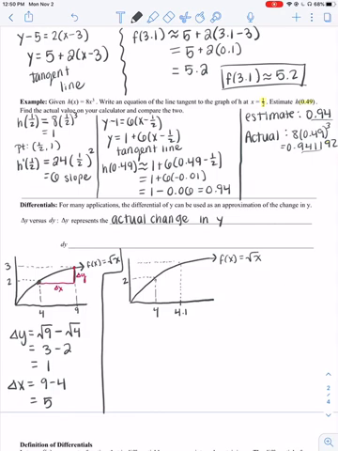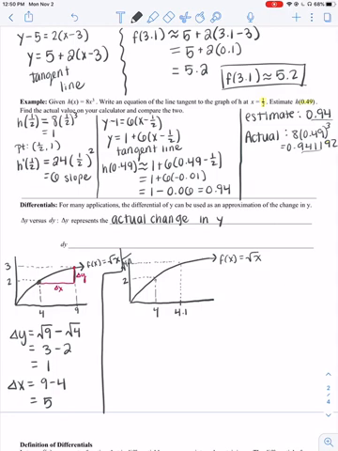And so what would this y value be? Well, without a calculator, we don't know the square root of 4.1, but we do know that this y value is going to be the square root of 4.1, which right now we don't know what that is. Okay, so what is going on?